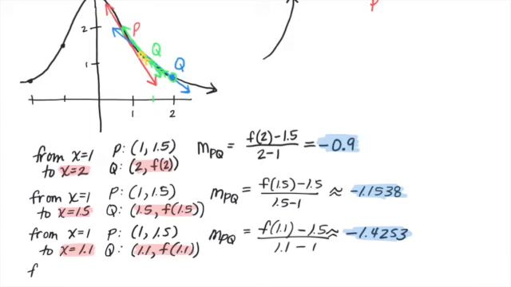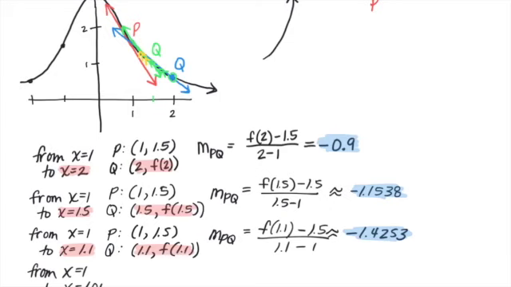So for example, we're going to compute from x equals 1 to x equals a little closer to 1, which would be 1.01. And we will do this again from x equals 1 to x equals 1.001. So next, I'm going to grab my graphing calculator and show you how to do all of these computations as efficiently as possible on the graphing calculator.